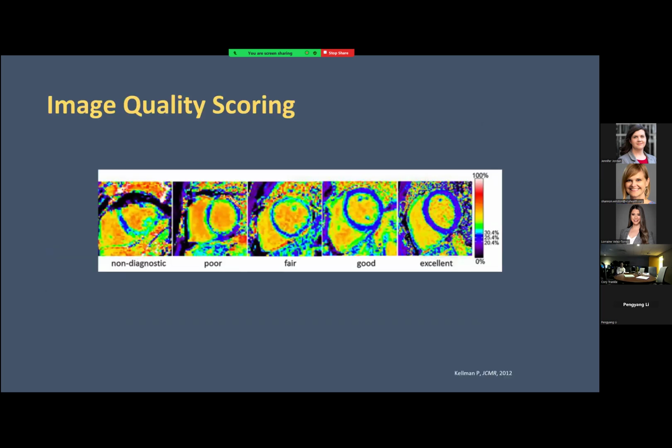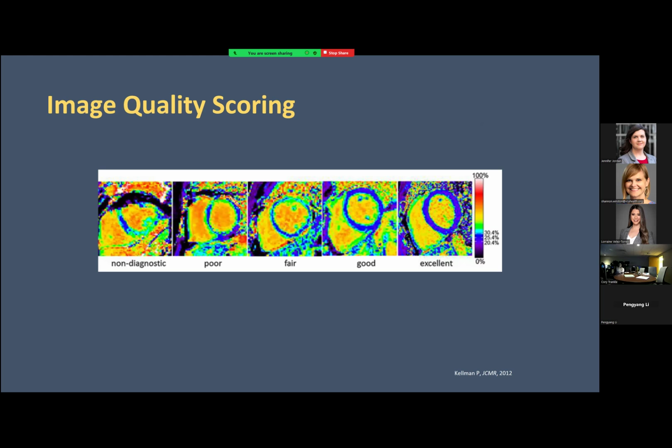So this is a paper back when T1 and ECV were starting to become more widely available. I think this is from Peter Kellman's two-part series on ECV. But he has a really nice example here of an image quality scoring from non-diagnostic to excellent. And not only are there visual examples of these different quality categories, but there's actually text-specific descriptions of the quality.